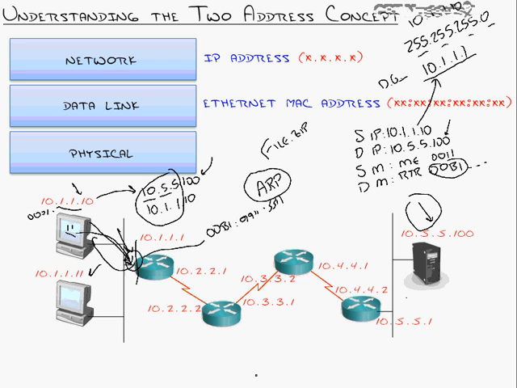The router looks at its TCP/IP routing table and says, okay, well, I can see based on my routing table that I'm not plugged into the 10.5.5 network. I'm plugged into the 10.2.2 network, but my routing table tells me to send it to this person because they are advertising that they have some way to reach 10.5.5.100. Now, don't die on me here. Check this out. Here's what happens.